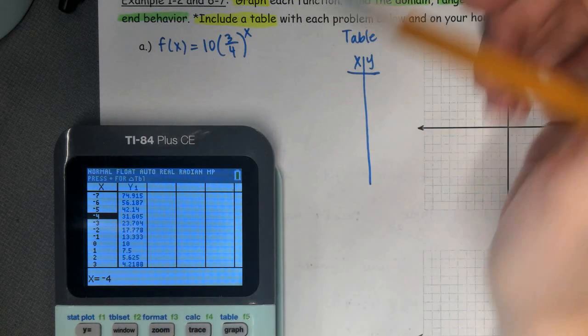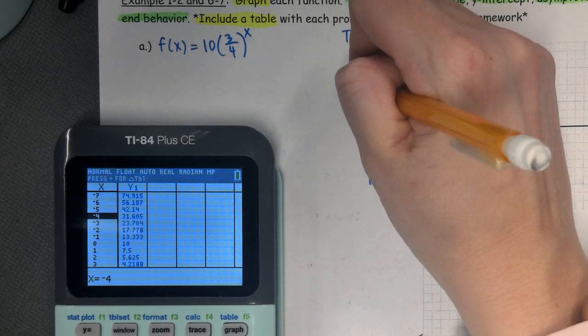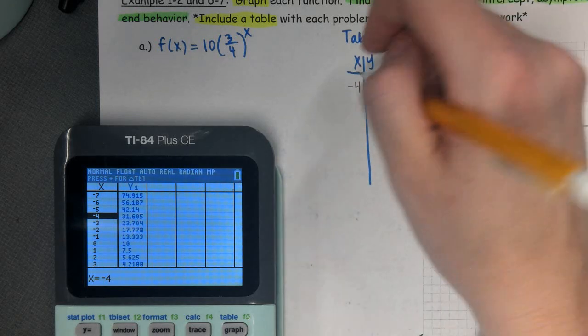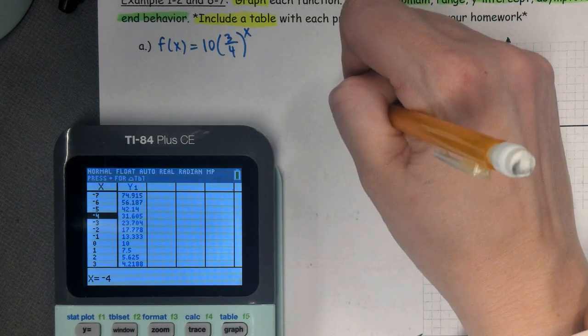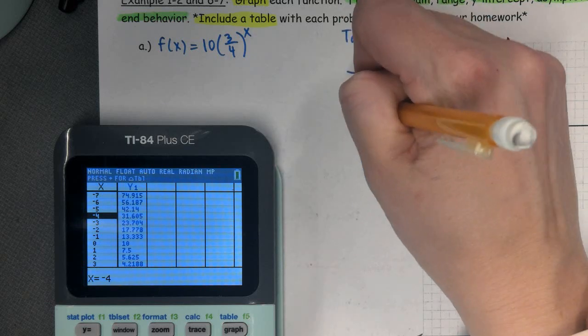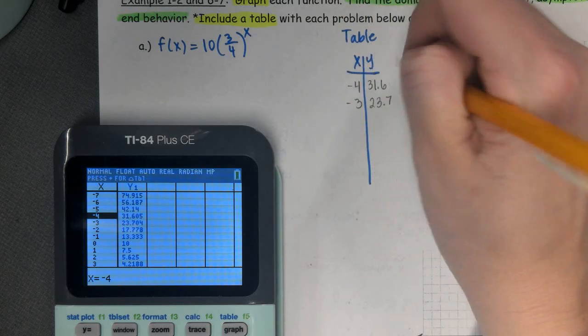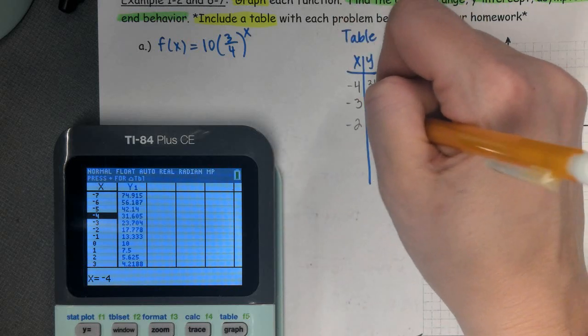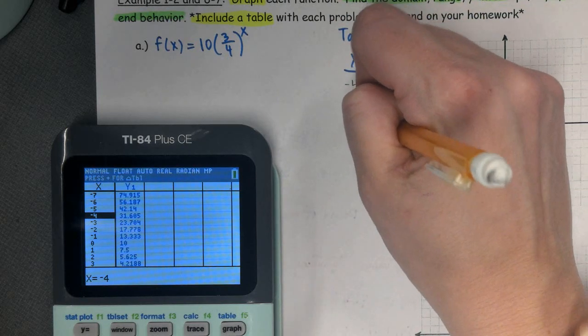If you're writing these down in your chart, you can just round to the nearest tenth. So 31.6, -3 is 23.7. And really, just as a general rule, have at least 5 points on there.